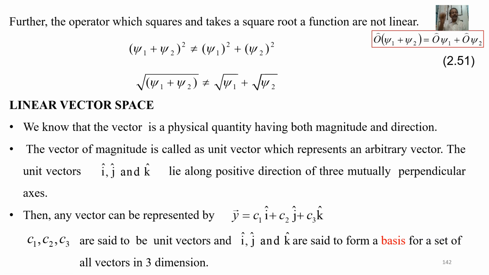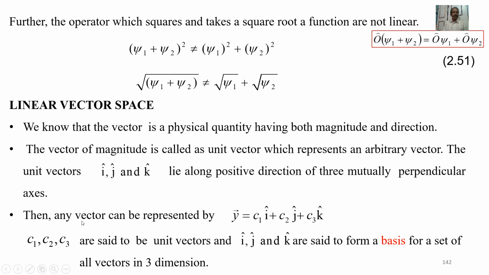Linear vector space. We know that a vector is a physical quantity having both magnitude and direction. A vector of unit magnitude is called a unit vector. The unit vectors i, j, and k lie along the positive directions of three mutually perpendicular axes.